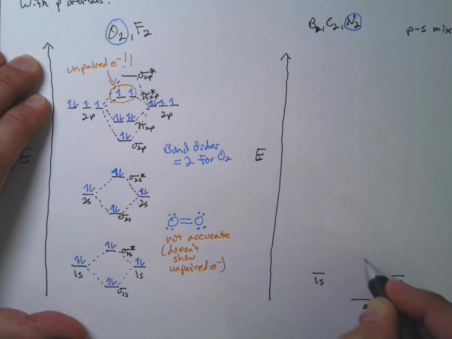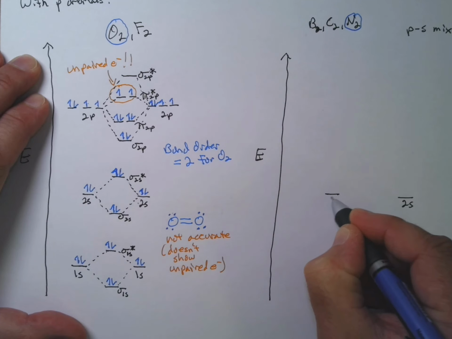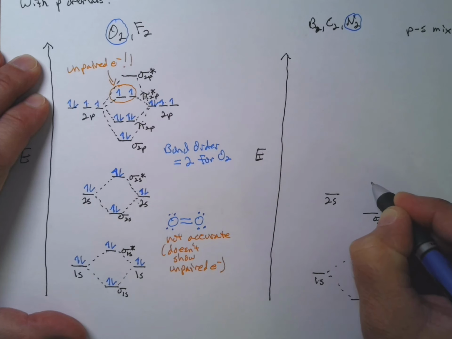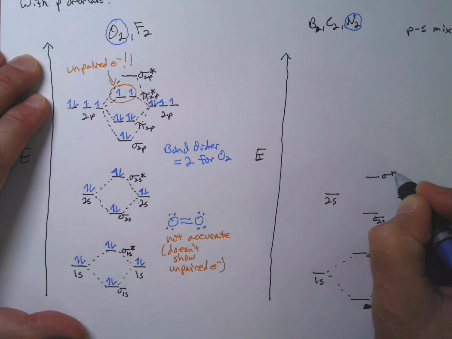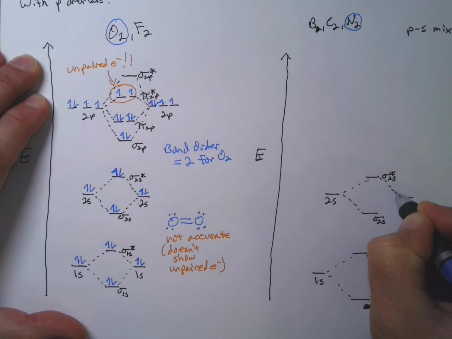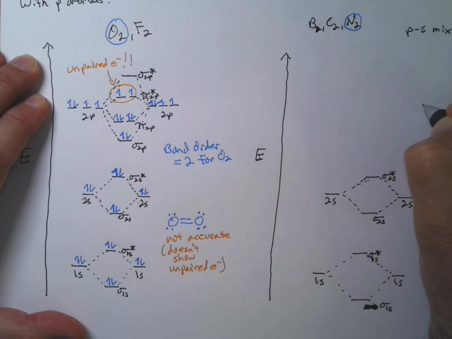Sigma 1s, sigma star 1s, and then we'll have our 2s, and our sigma 2s, and sigma star 2s. And then we'll have our 2p orbitals.